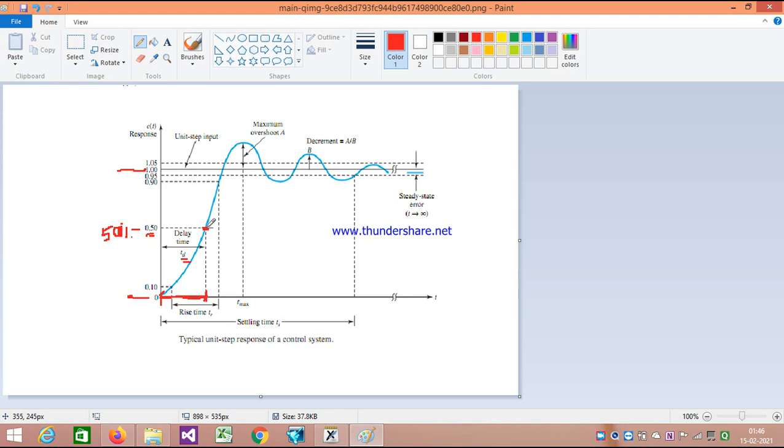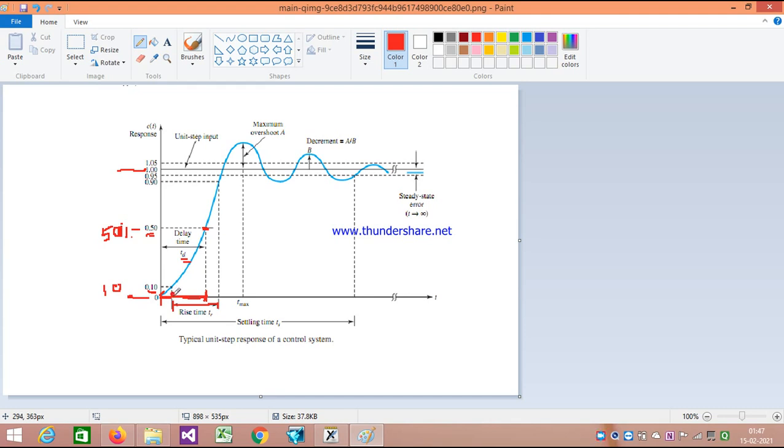Okay, next parameter, rise time. See, rise time is indicated from this point to this point. This is 0.1, which means 10%, right? So what is the rise time?